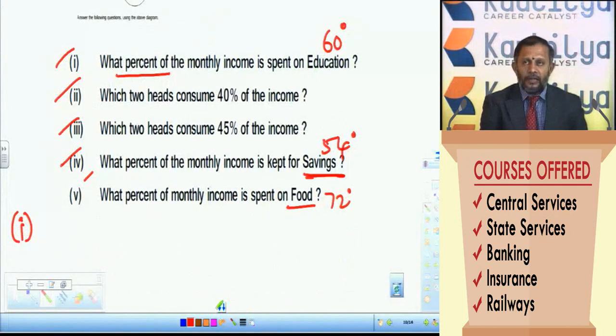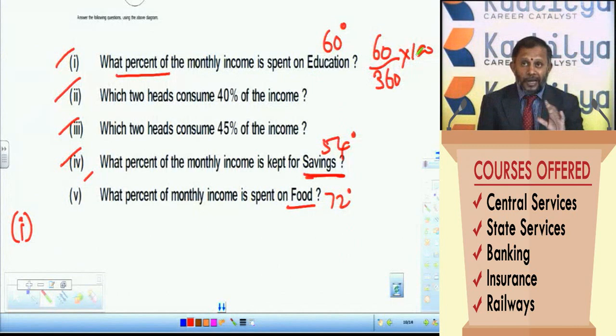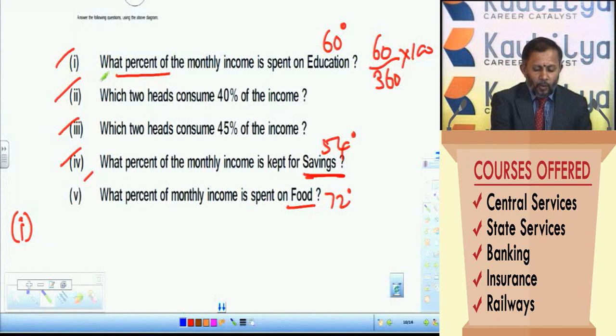Here generally while dealing with other examinations we can simply say that 60 degrees is what percent of 360, we can solve 60 into 100 by 360. But you are not supposed to give the answer directly. You have to clearly explain the procedure you are adopting here. So here, in the first question, what percent of the monthly income is spent on education, we have to write in detail the total amount.